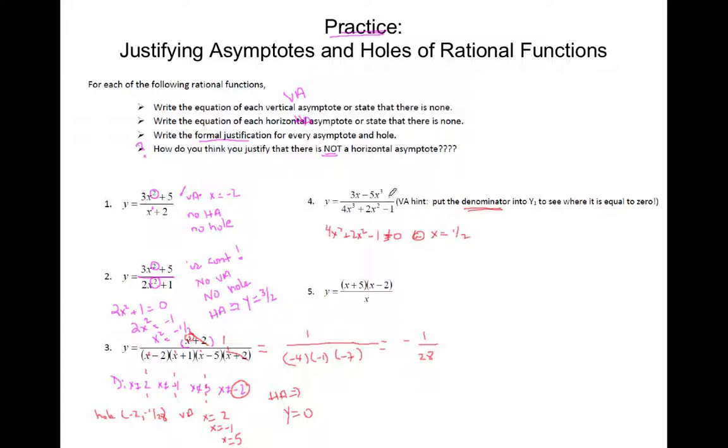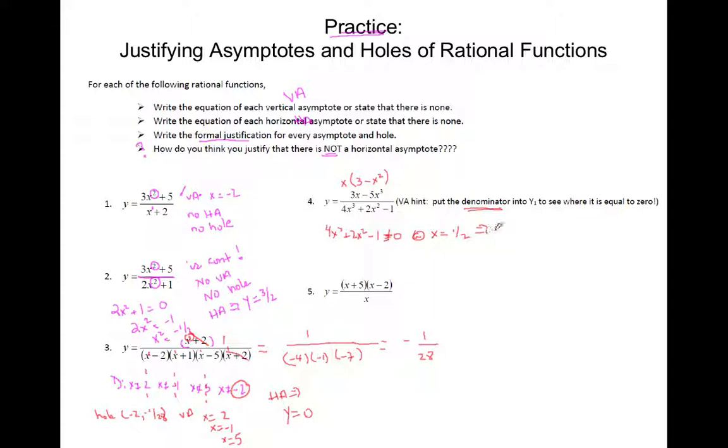Is x equals 1/2 a factor of the numerator? I can factor the numerator, but I get 3 minus x squared. No, that is not. Right? X minus 1/2 is not a factor of the numerator.